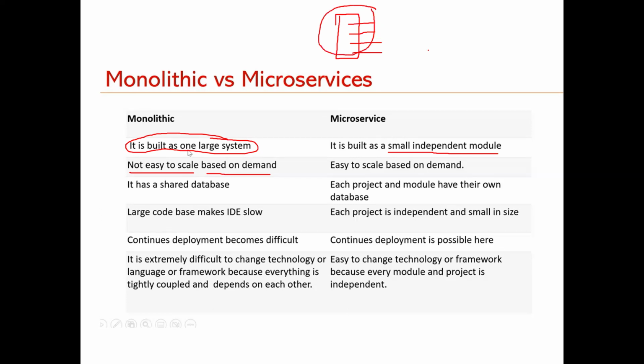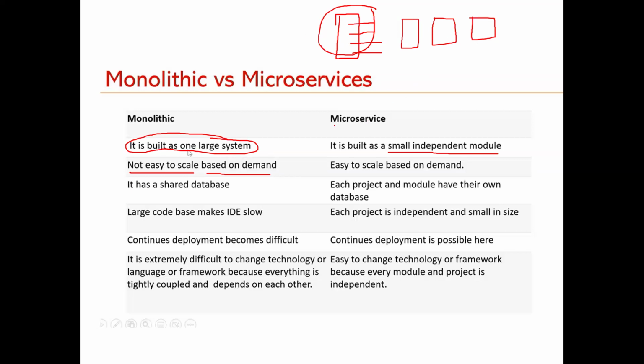But in Flipkart and Amazon, on Big Billion Day, millions of users are accessing your application. In those use cases, especially for search only, I want to run multiple instances of your application. In monolithic, that is not possible. A complete project I need to scale.